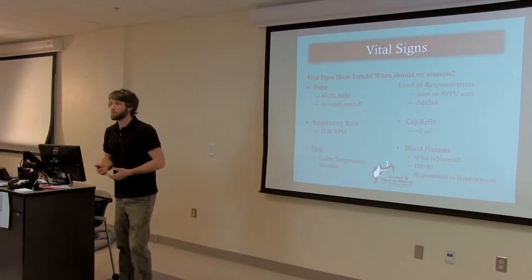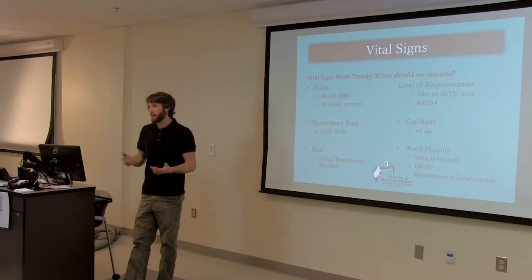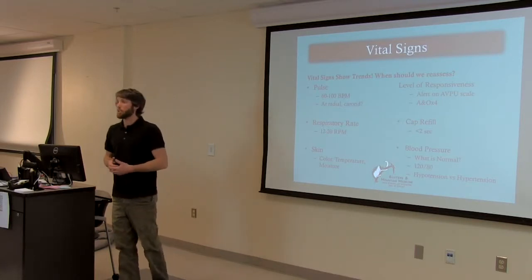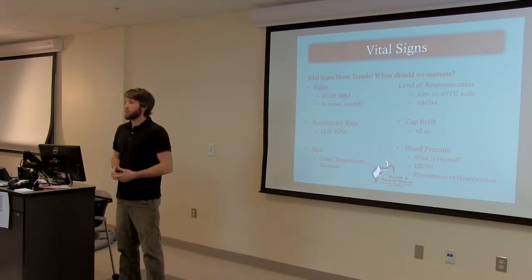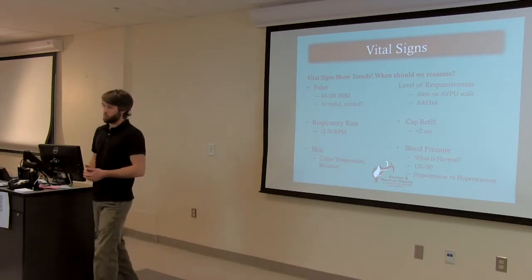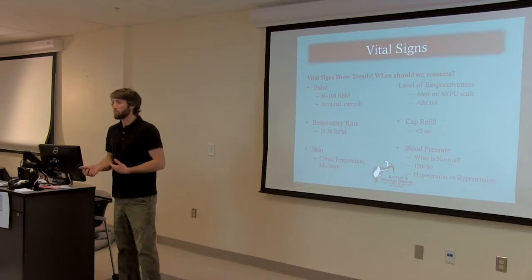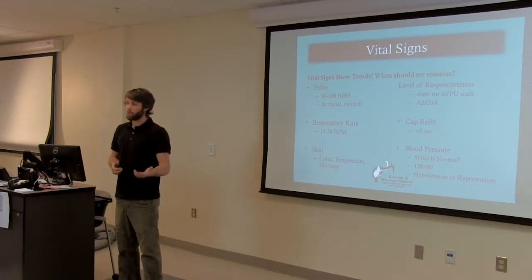In general, we kind of call a 120/80 the average blood pressure. In the modern day, we extend that out quite a bit before we consider it an abnormal blood pressure. It depends mostly on the patient's past medical history, their age, it might even depend on their ethnicity, their gender.